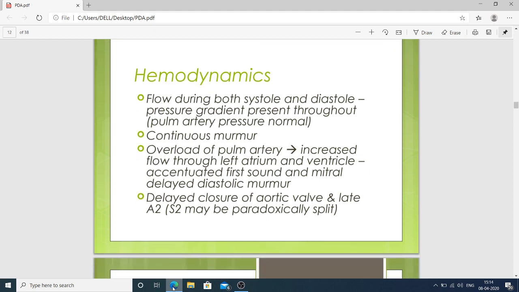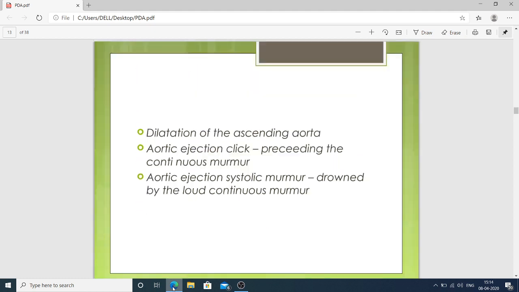Okay, then the next is dilation of the ascending aorta. Dilation means the size of that particular area is widened. Aortic ejection click. What does it mean?